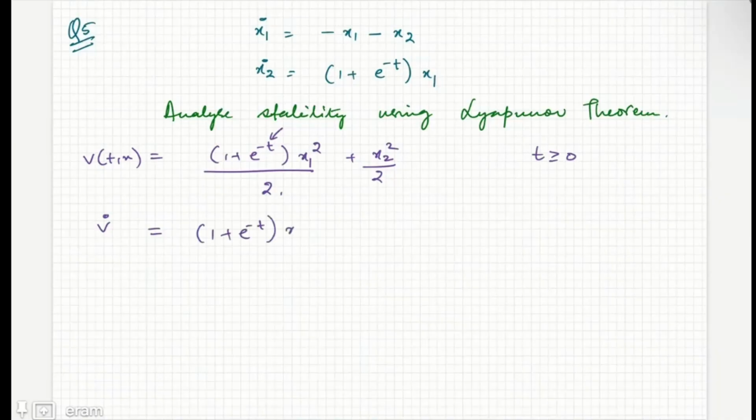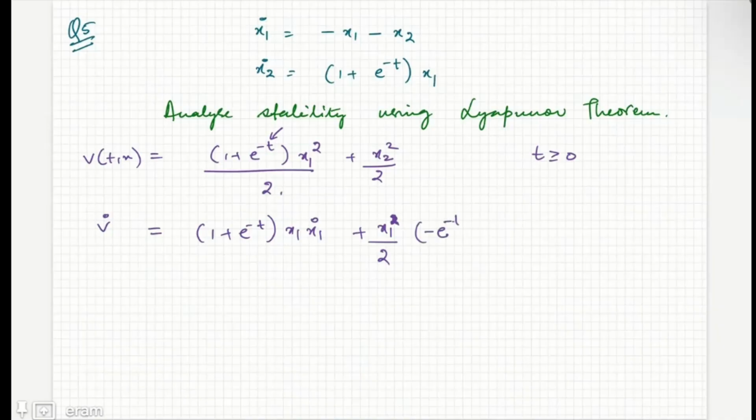So that would give us, for x1 it is x1 dot, and for another one we have x1 square by 2 and then minus e to the power minus t and then x2 1 plus e to the power minus t x1.